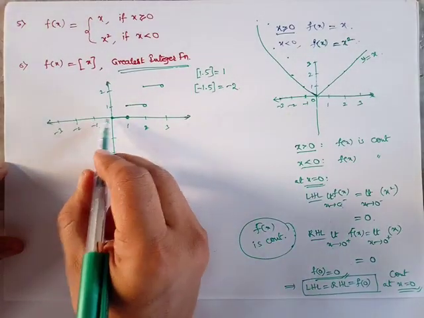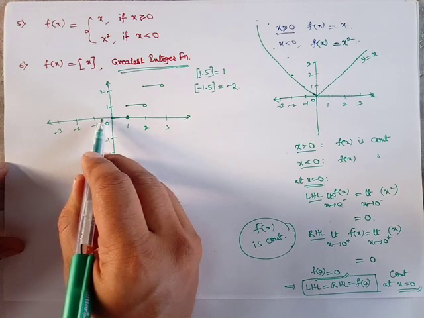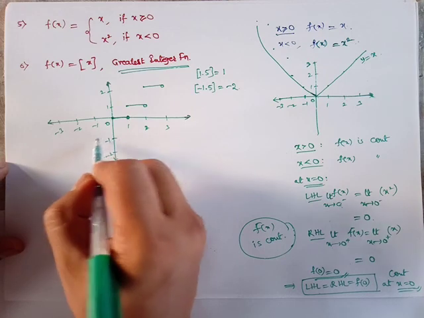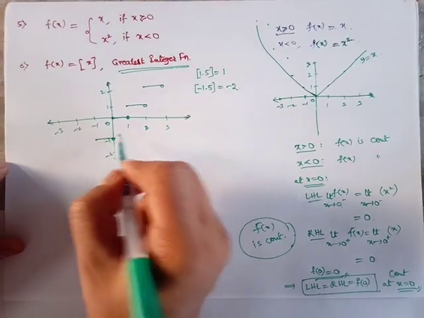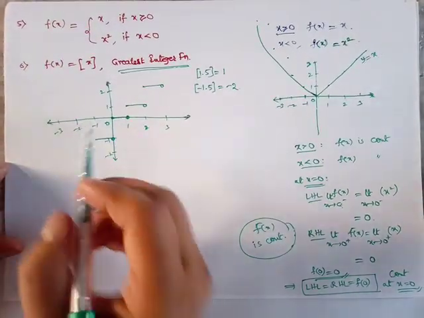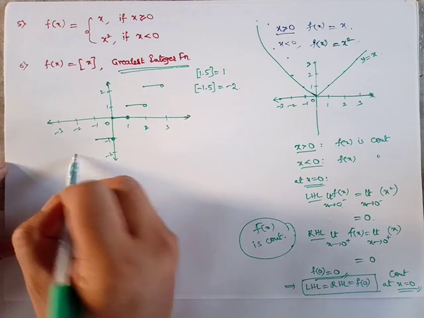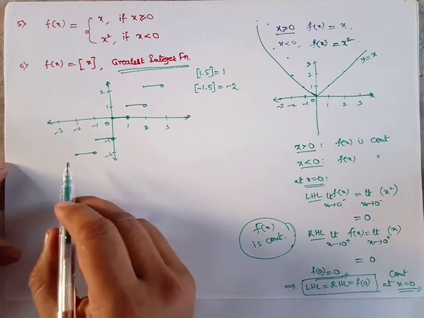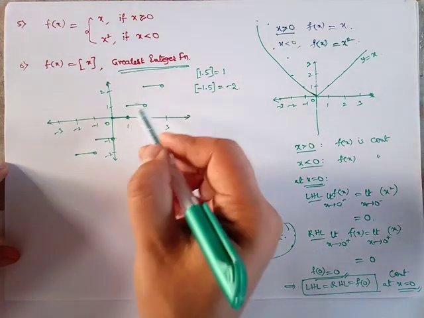And from minus 1 to 0, in between these values it will take up minus values only, minus 1. So minus 1 to 0, don't consider this 0. Minus 2 to minus 1, it will take up minus 2. Now you are getting a steps kind of thing.